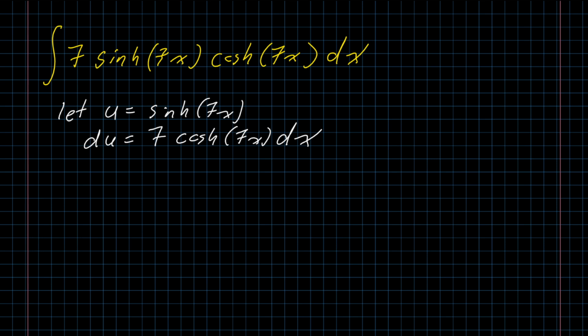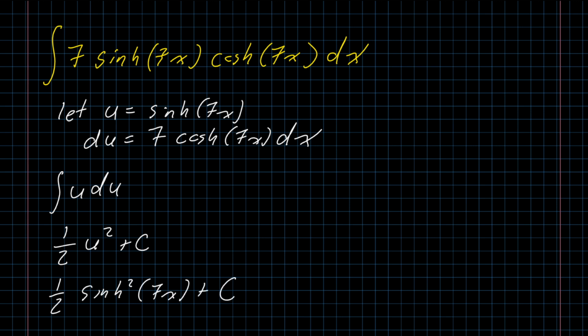And yes, this is literally just the integral of u du, so we're going to get 1/2 u squared plus c. That's 1/2 sinh squared of 7x plus c. Now the reason I wanted to go through this problem is there is a completely other way of going about it.